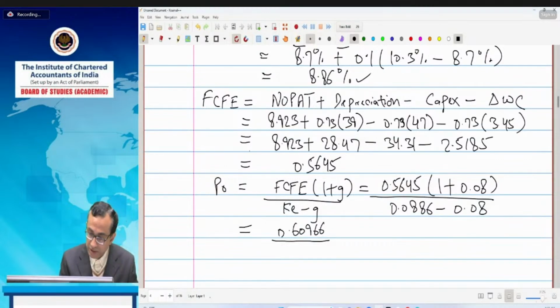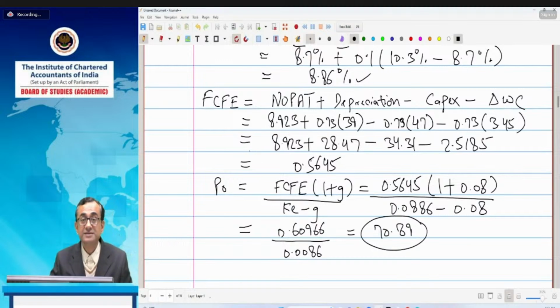Now calculate the denominator. 0.0886 minus 0.08, 0.0086. Let us calculate it. It is coming to 70.89. That is the present value.